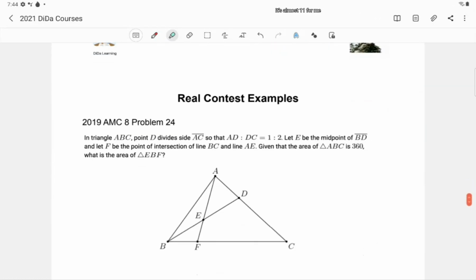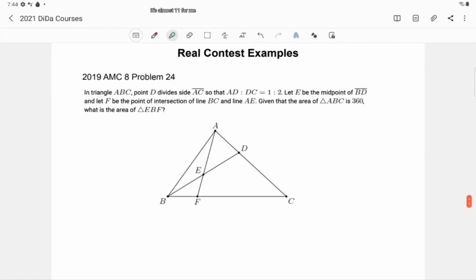Also, I want to jump to the real context examples, because nowadays most everyone has either heard of, tried, or knows about the basic applications of mass point geometry. In real context problems, it's no longer like 10 or 20 years ago, when they were just straightforward applications of MPG. So this one is 2019 AMC 8 problem 24.